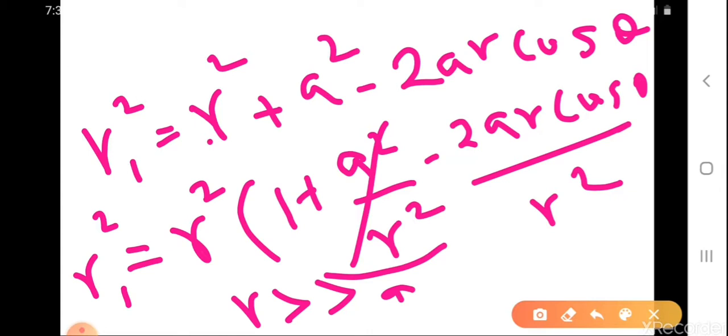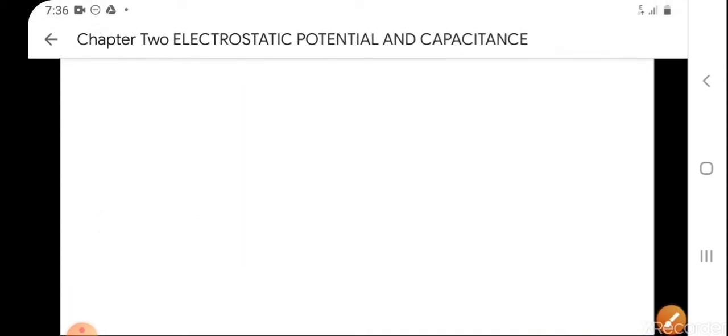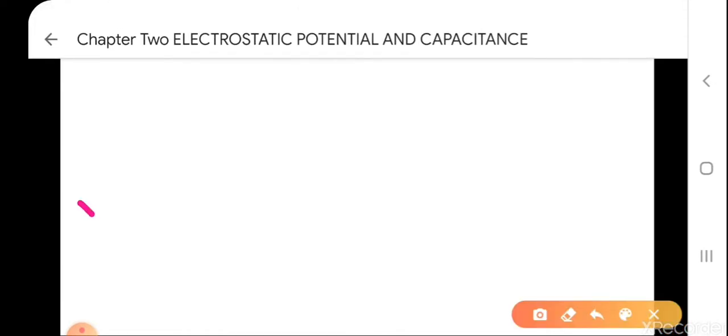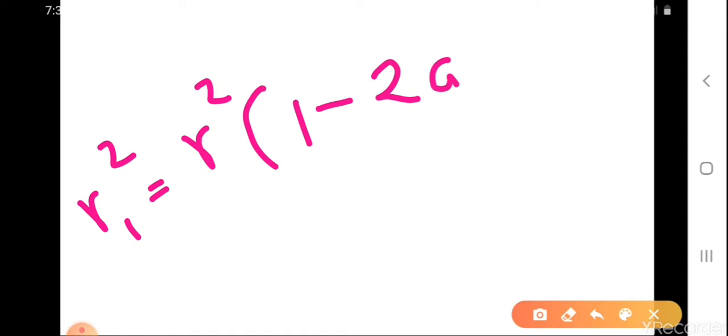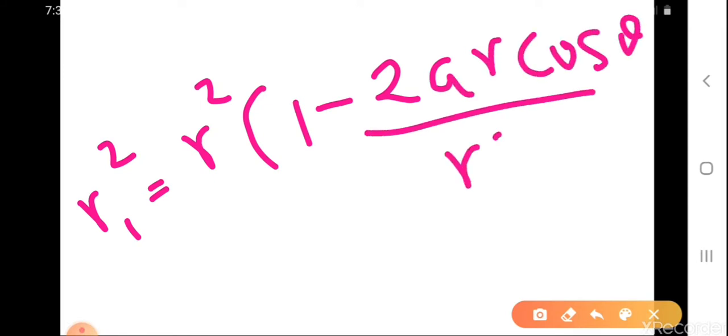R1 square is equal to R square into 1 minus 2AR cos theta by R square. Now, what do we have in our hand? R1 square is equal to R square into 1 minus 2AR cos theta divided by R square.